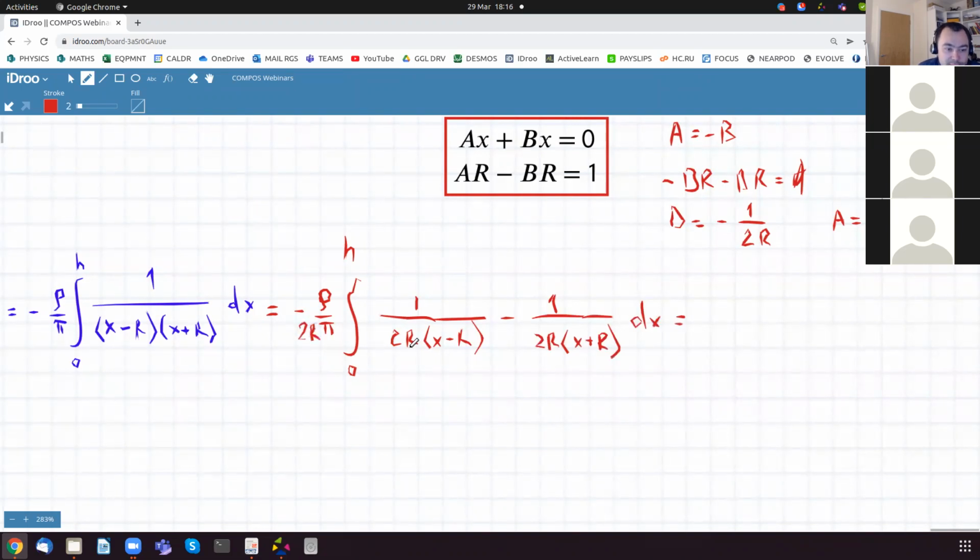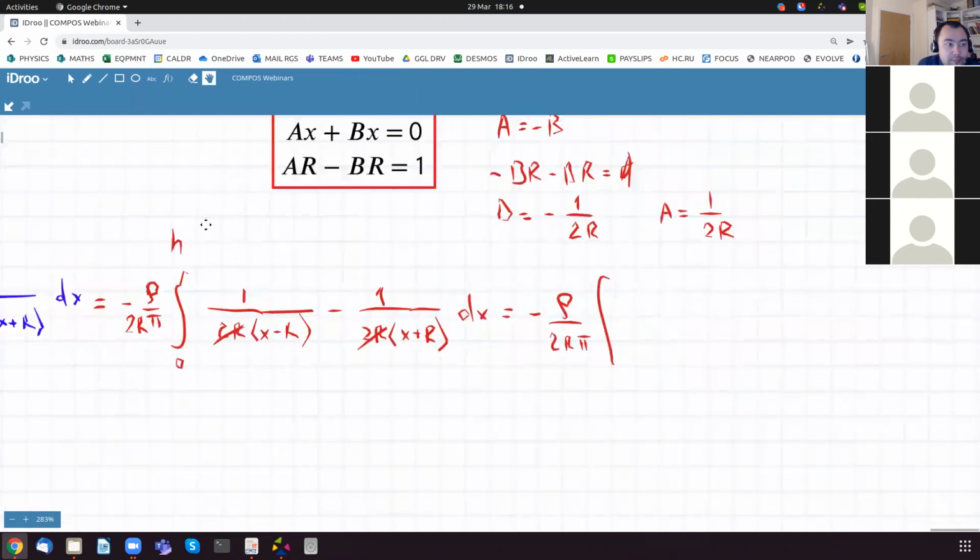And we can take 1 over 2r out, so 2r goes here. And the integral of this, so it's minus rho over 2r pi, square brackets. It's a logarithm.